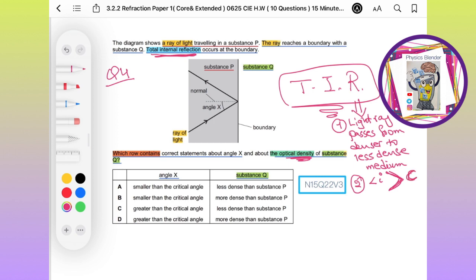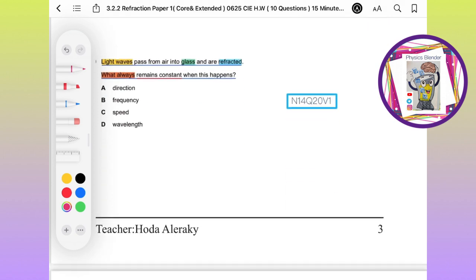So angle X should be greater than the critical angle, and it takes place inside the denser medium. So substance P is denser, and substance Q is less dense than P. Here is the denser and here less dense. So substance Q should be less dense than substance P, and X should be greater than the critical angle. Is it clear?